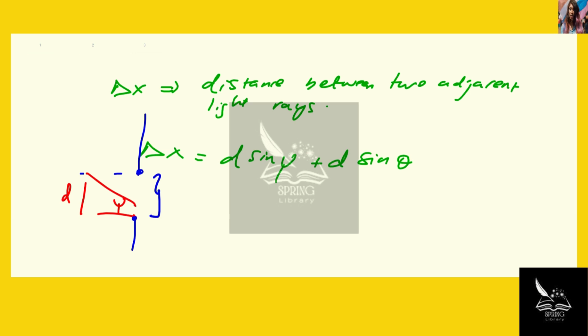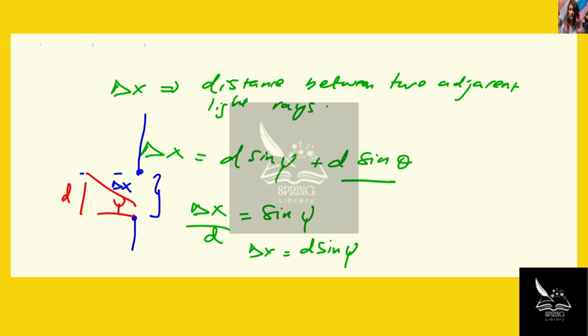We're going to call it delta x. So delta x all over d is the same as sine of phi. So delta x has to be d sine of phi.